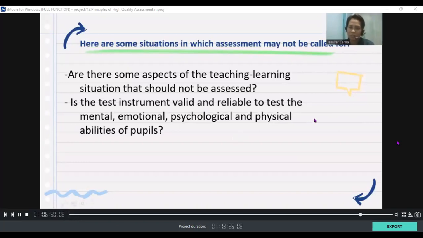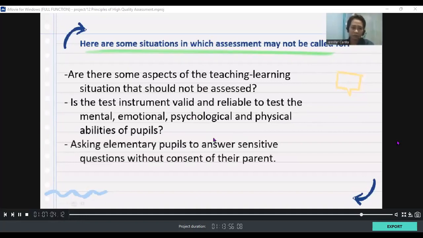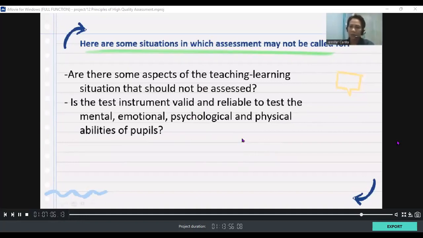So atong i-check if makabuti ba ni or makadaot sa estudyante. So naa may mga students nga naay mga situation dinhi nga maigo sila, basin mas madaot pa sila. So example kanang you would ask your students to climb a tree as part of the assessment.